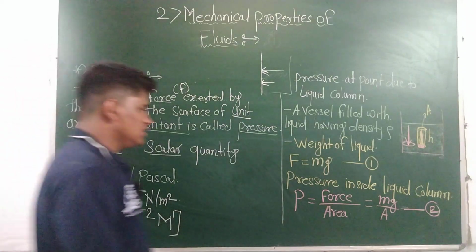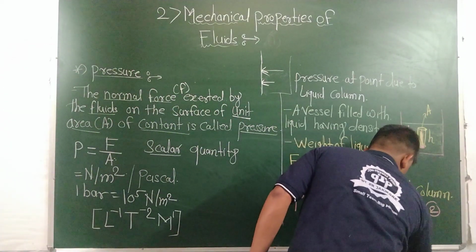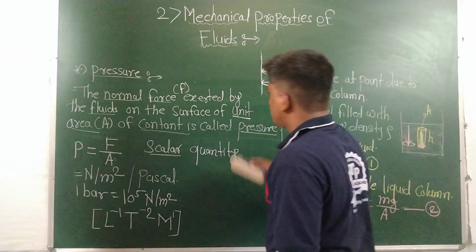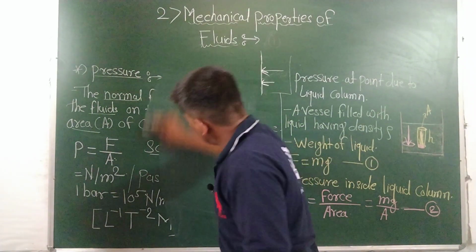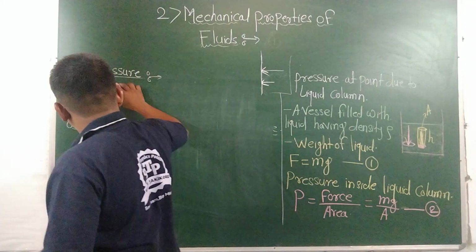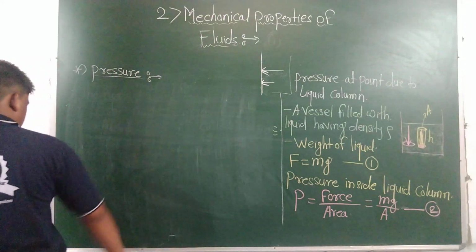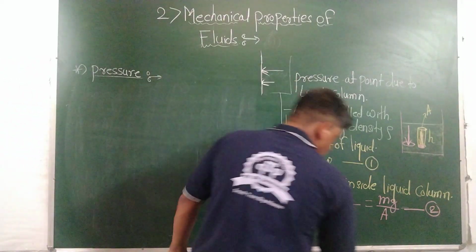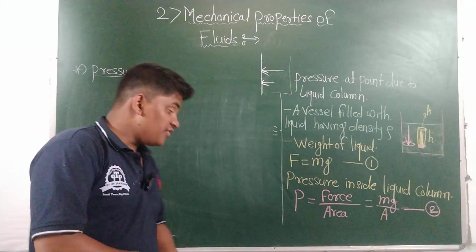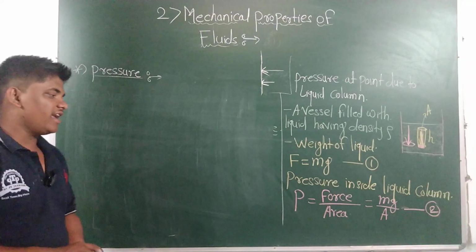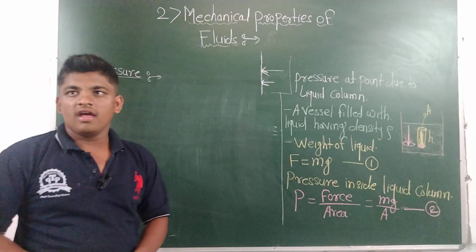Then I will write these equations. We must know the definition of pressure. The normal force exerted by fluids on the surface of unit area which is in contact, this is called pressure.